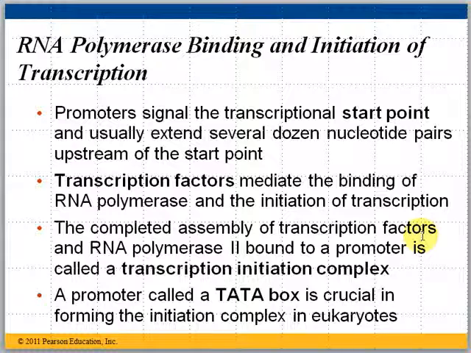Transcription factors are just additional enzymes and proteins that help out with this whole transcription process. If you combine the RNA polymerase with all the various other transcription factors, they build an enzyme machine, basically a combination of multiple proteins and enzymes. All of that together we call the transcription initiation complex.